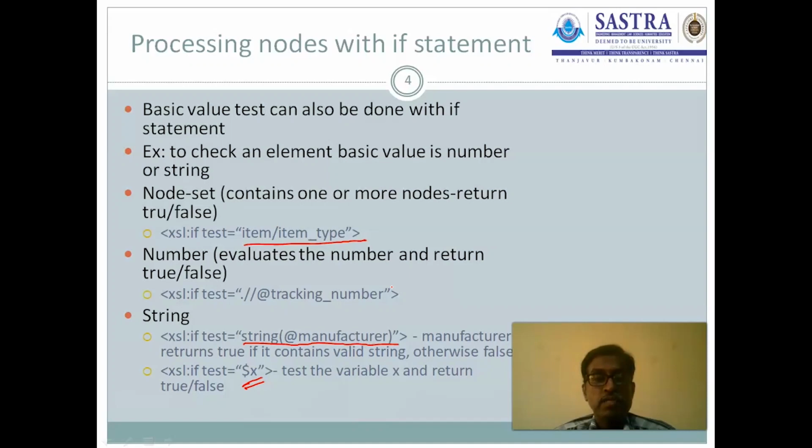In the test expression, we may give a node set or any direct value, or string functions can be used to check whether it is a valid string or not. I mean, whether the respective element or attribute contains a valid string or not will be checked by using this. A variable can also be tested by using the test expression.